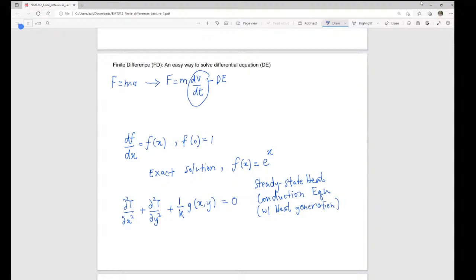For these equations, it might be a little bit difficult for us to solve, to find their exact solutions, right?